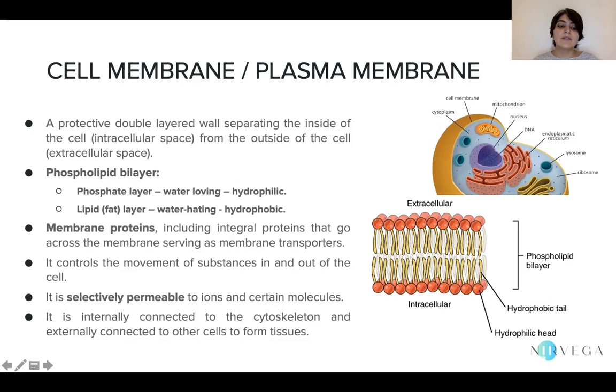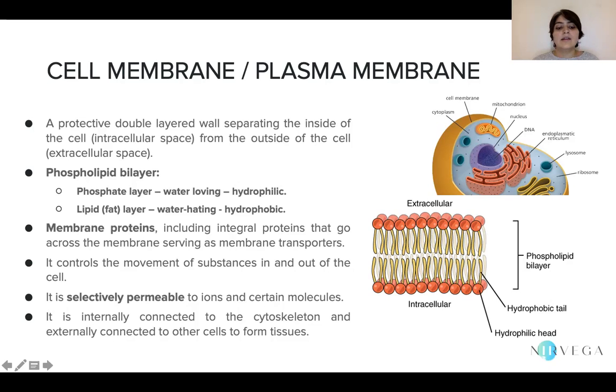When I say selectively permeable, it means selectively it allows certain things to move in from the outside of the cell to the inside, and vice versa. So externally, the cellular membrane, that is the cell membrane, is connected to the other cells through a network of fluid, and these networks together help to form tissues.